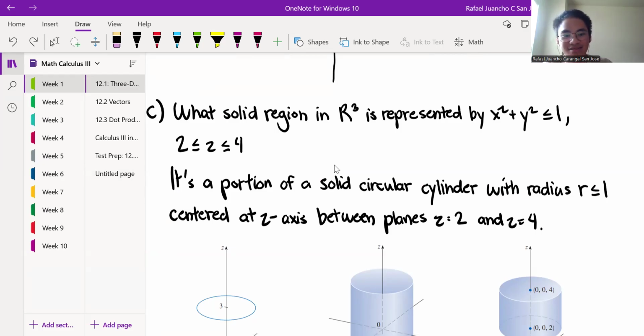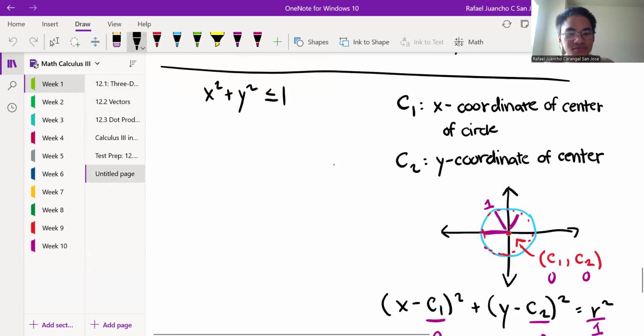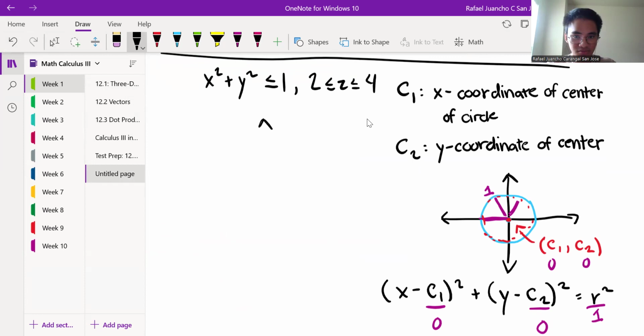And z is somewhere between 2 and 4, including 2 and 4. Let's add this other thing here.